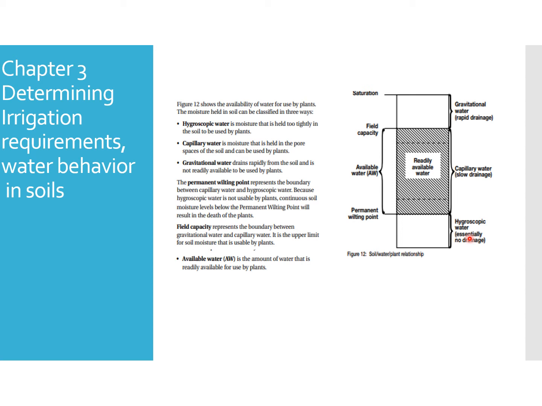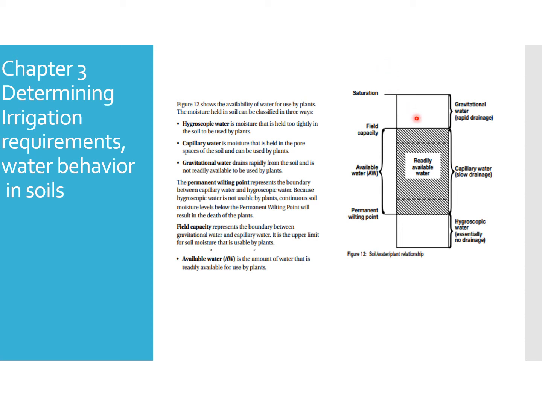Then you have capillary water, which is in the available water column. That's moisture held in the pore spaces of the soil, and it is available for roots to draw from. Then you have gravitational water, which is basically water being applied.